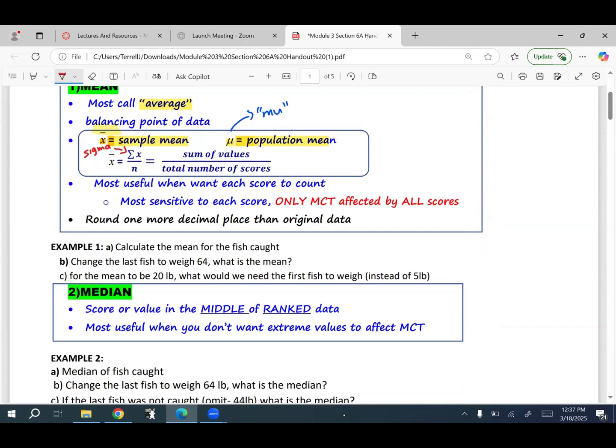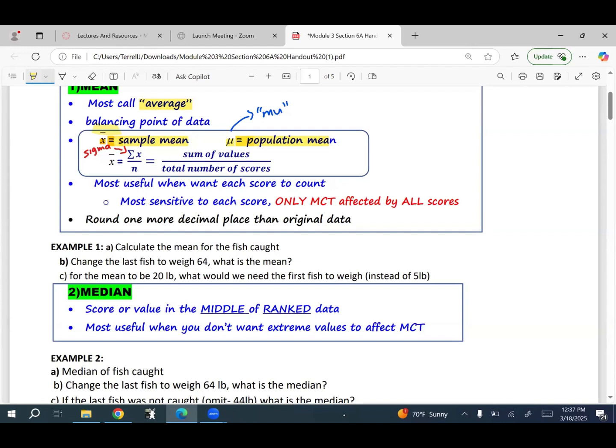Again, a mean is just another way to measure your center. It's the average. Now, one thing we want to note about the mean is that, because to calculate the mean you have to sum all the individual data values, there may be data values that are extreme, meaning extremely high or extremely low compared to the majority of your data.